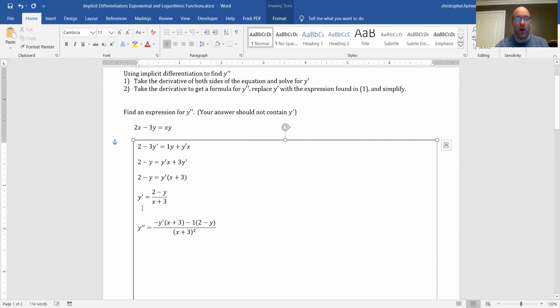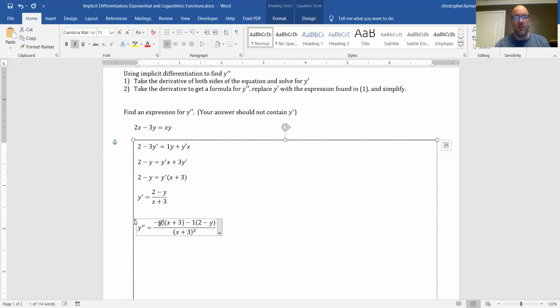We just took the derivative of both sides again, but as we mentioned up above in the instructions, you cannot leave this y prime in here. Maybe there are certain circumstances where it's not a big deal because you have all the information right there. But if you told somebody the second derivative of this equation is this, it's going to force them to go back and figure out what y prime is.